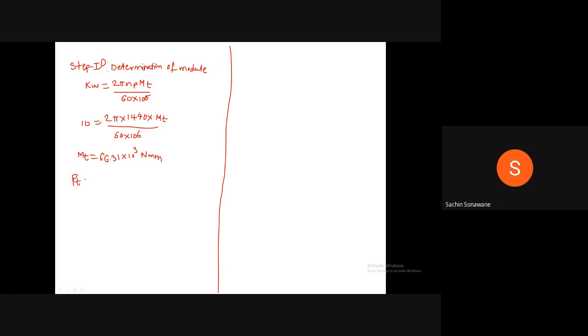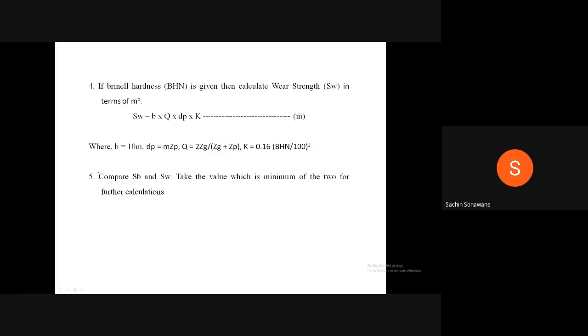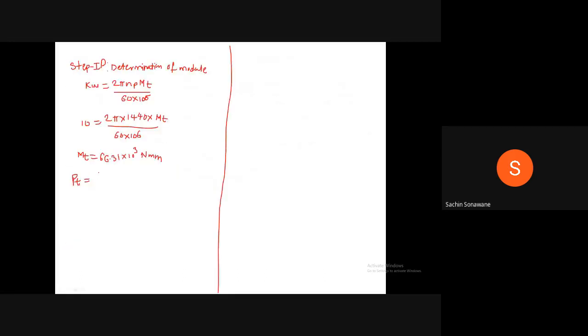PT is equal to, what is the formula of tangential load? 2MT divided by dP, which is equal to 2MT divided by M into ZP. Therefore, calculate PT in terms of M.